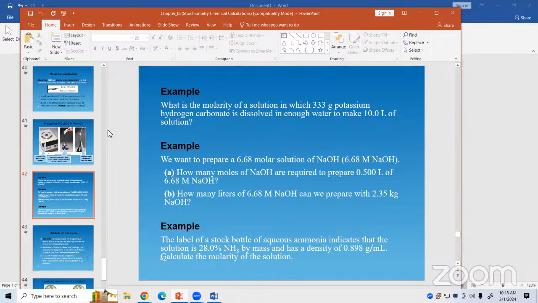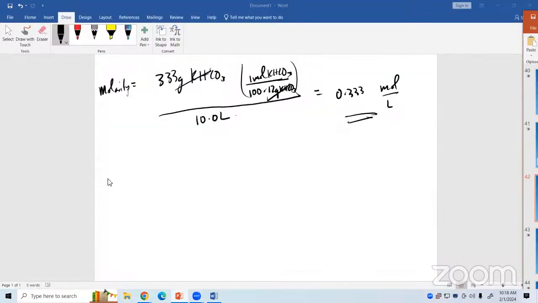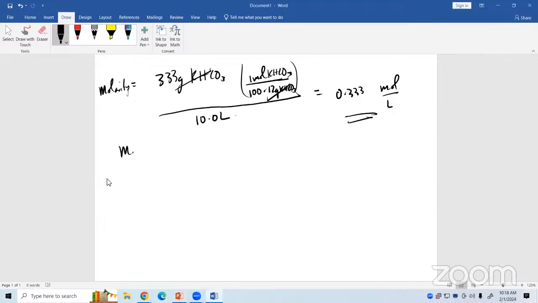They gave you the molarity of the solution, and they're asking how many moles. So basically, we are going to use this equation, molarity is equal to moles of solute divided by liters of solution.